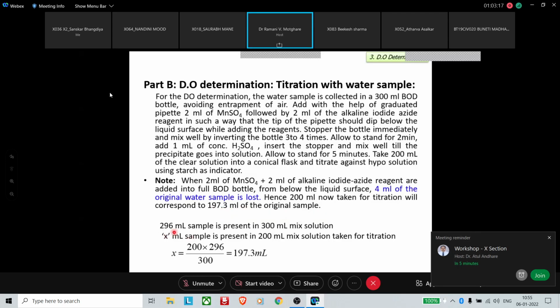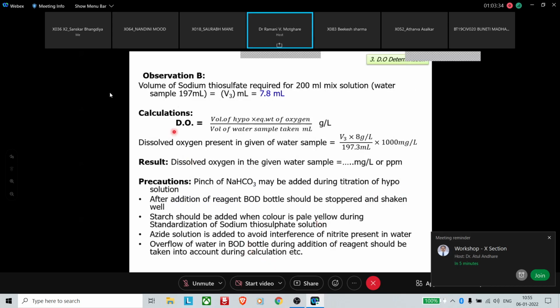How? 296 ml sample is present in 300 ml of mixture solution. So if you are taking 200 ml mixture solution, it is 197.3 ml of the water sample which contains dissolved oxygen. Okay, so same thing we will use here.